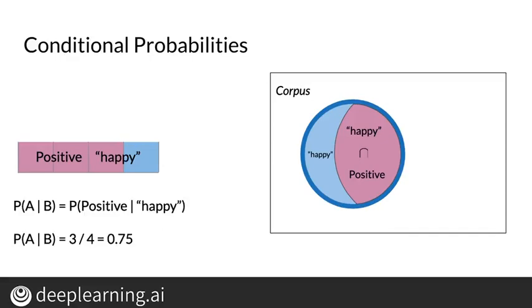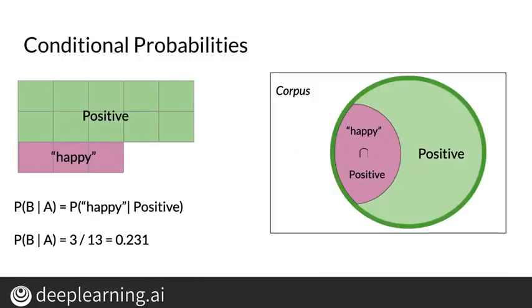In this case, the probability that a tweet is positive, given that it contains the word happy, simply becomes the number of tweets that are positive and also contain the word happy, divided by the number that contain the word happy. As you can see by this calculation, your tweet has a 75% likelihood of being positive if it contains the word happy.